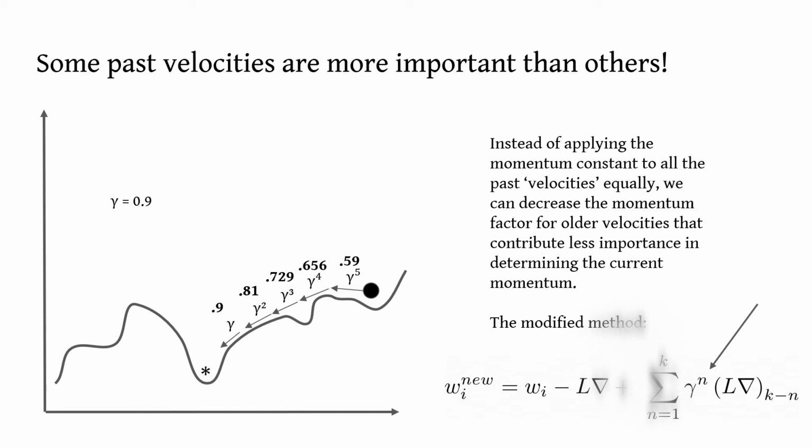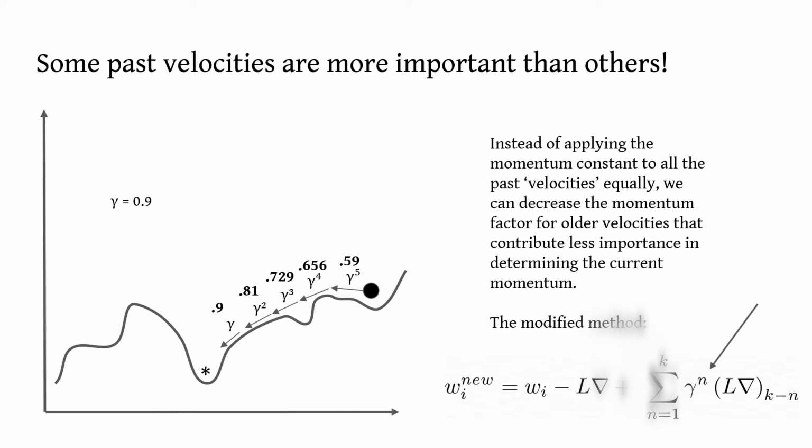As you can see here, the momentum constant being multiplied by this tweak is going to be 0.9 squared, which is 0.81. And here it's going to be 0.9 cubed, and then 0.9 to the power of 4, 0.9 to the power of 5, assuming that we're taking into account the past 5 tweaks.